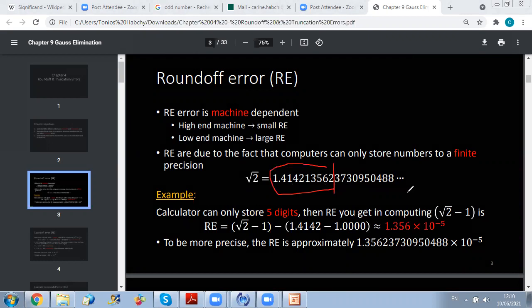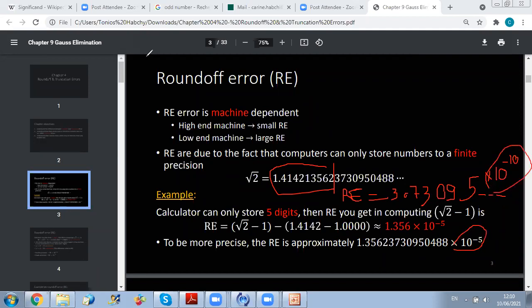When I do the difference between the two, I will get that the round-off error will be 3.73095, etc. So by increasing the number of digits from 5 to 10, the round-off error was reduced from the order of 10 minus 5 to 10 minus 10.